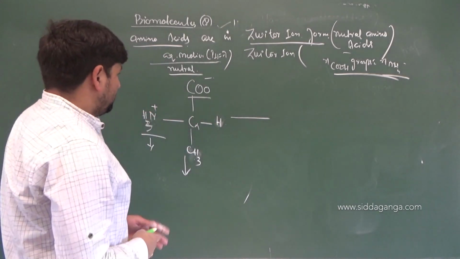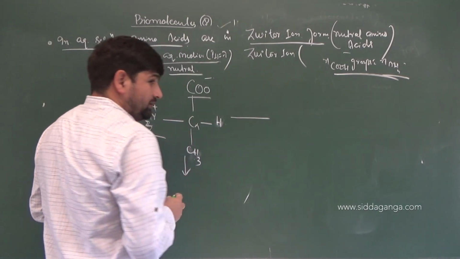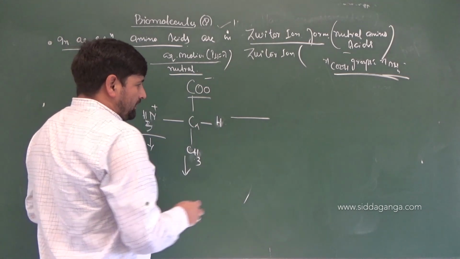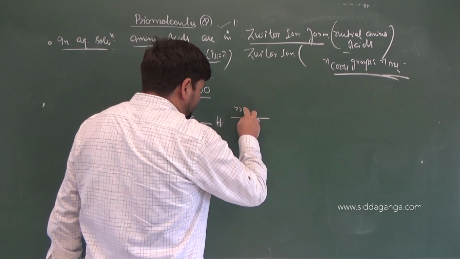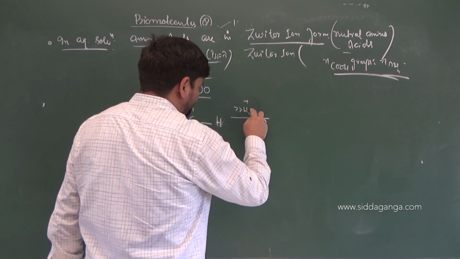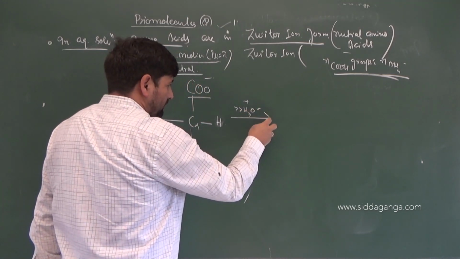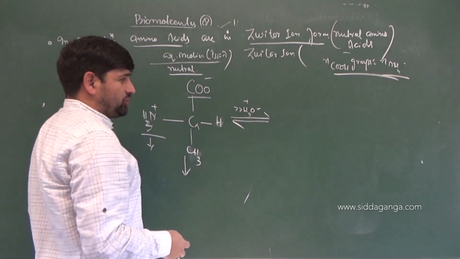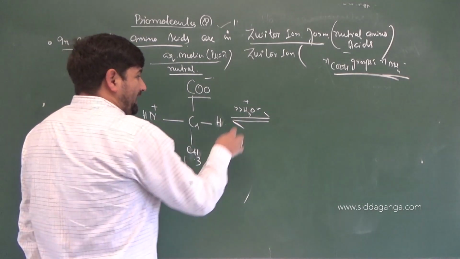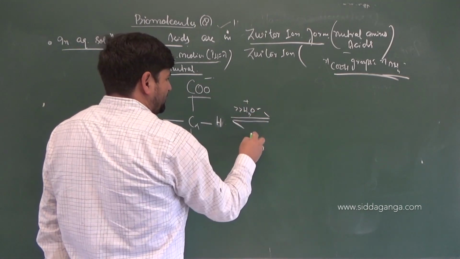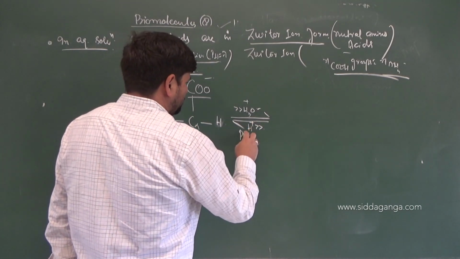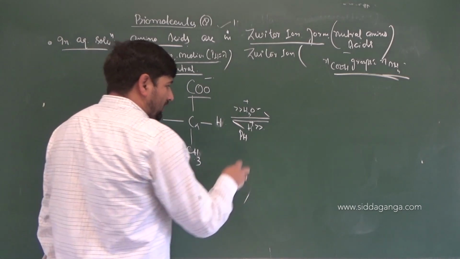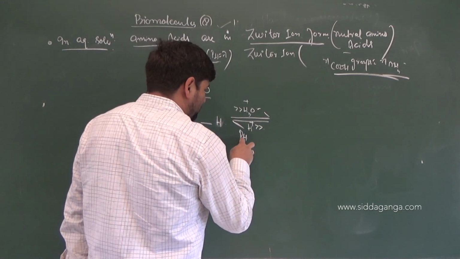Okay, now from the neutral state, if I am increasing the H plus ion concentration, that means I am increasing the H3O plus concentration in the aqueous solution. So we are decreasing pH.